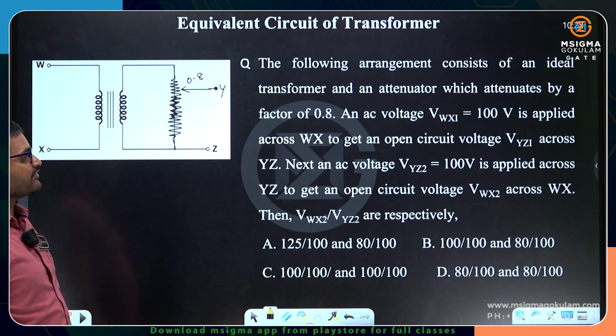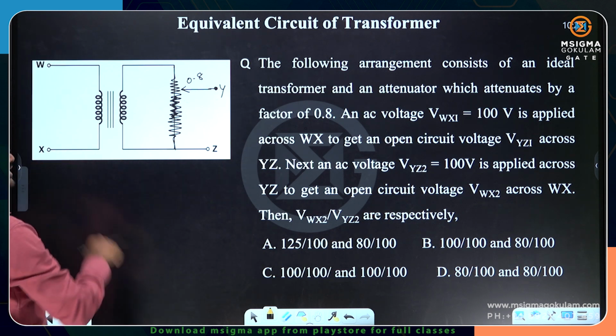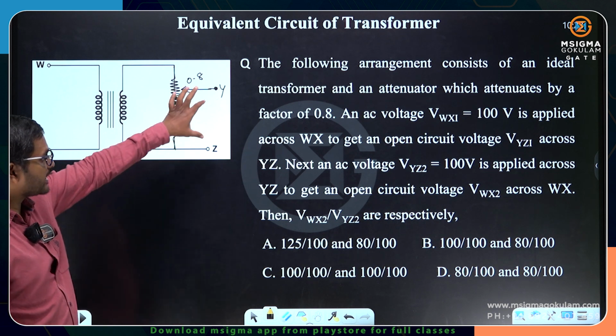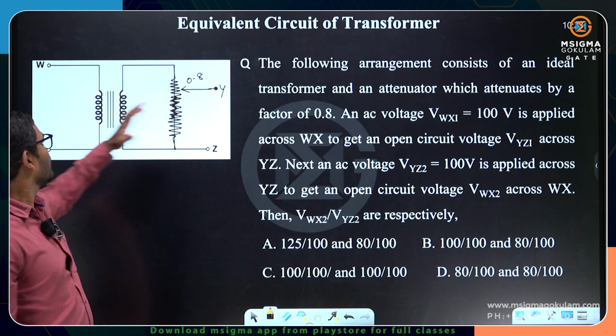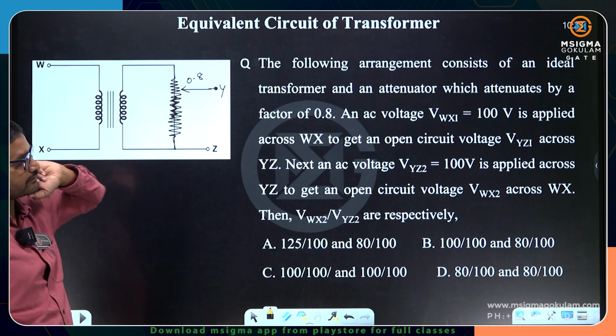An AC voltage of VWX1 is given as 100 volts. So across WX terminals, 100 volts is given. To get an open circuit voltage across YZ terminals, you give 100 volts and observe the voltage across YZ terminals.